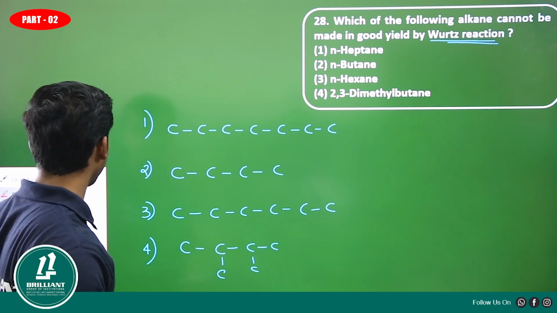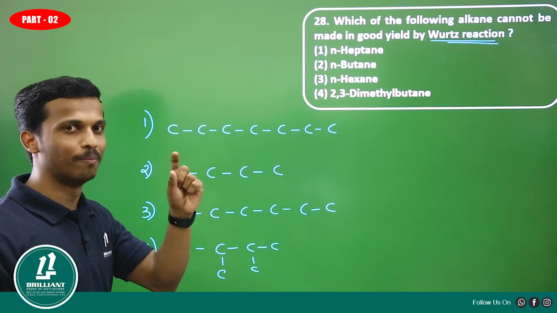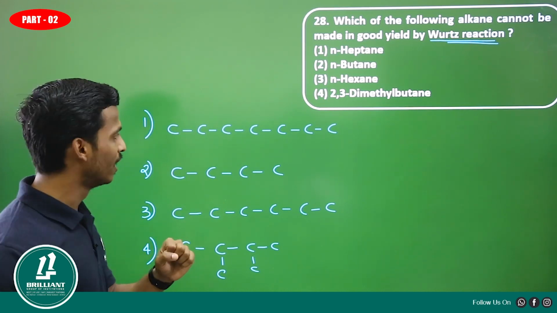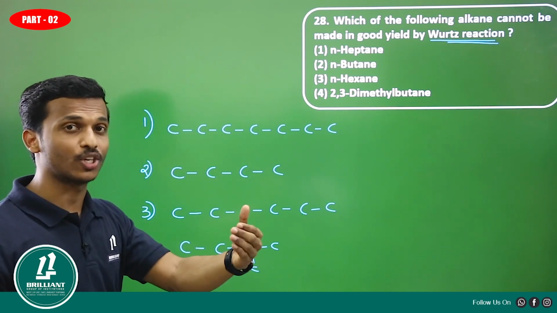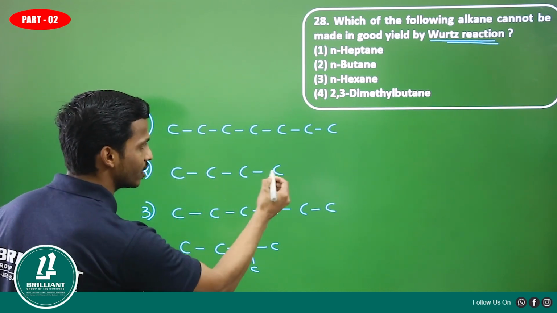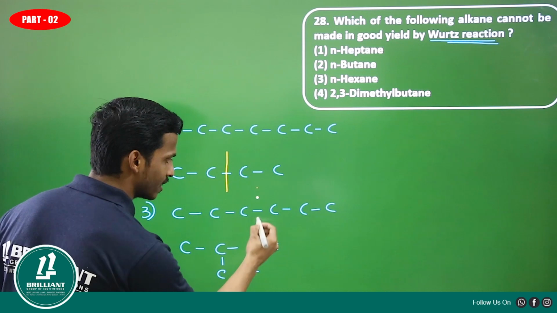Let's see which of them are symmetric and unsymmetric. See, heptane has an odd number of carbons, right? Heptane has 7 carbons, so that is not a symmetric arrangement. We told you that Wurtz's reaction is used for the preparation of alkanes containing an even number of carbons. So here you can see 4 carbons, that is symmetric. Here is 6 carbons, that is symmetric.